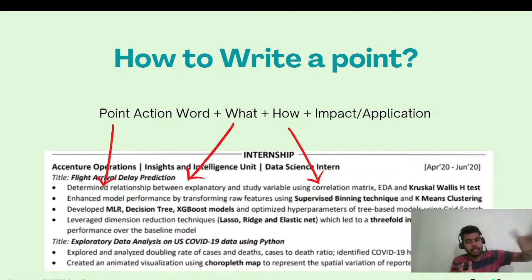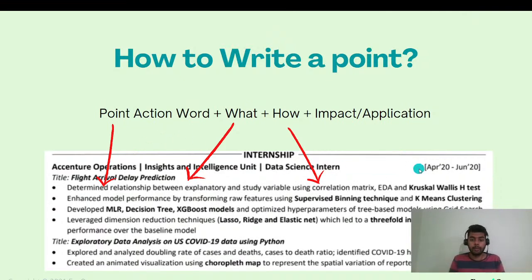Sometimes there is also the how, like how you have determined this. In the next part you can see using correlation matrix, EDA, and some particular type of test. So any point will start with the action keyword, and it will be about what you have done in that point, and sometimes also about how you have done it.